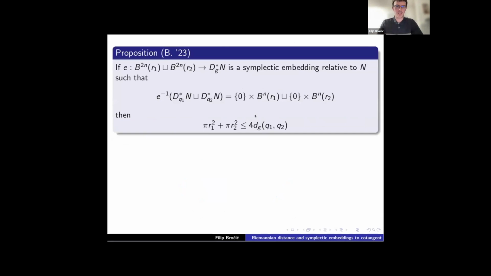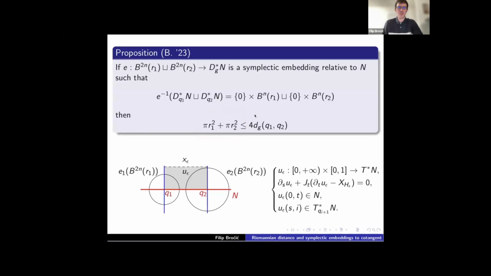So the first technical proposition which leads to the upper bound: if we start with a symplectic embedding of this disjoint union of two balls of radii R1 and R2 inside the unit disk cotangent bundle, and if we assume that this embedding is relative to the zero section, and also if we assume this condition on the fibers, so that the pre-image of this disjoint union of fibers over Q1 and Q2 is this disjoint union of the corresponding imaginary parts of the balls. Then the sum of pi R1 squared and pi R2 squared is bounded by 4 times the distance.